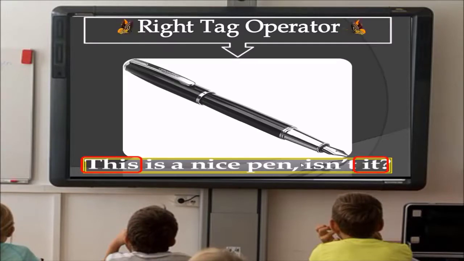If our statement starts with this or that, the subject of the tag will be it. And if the statement starts with these or those, the subject of the tag will be they. Okay, I think you got it.